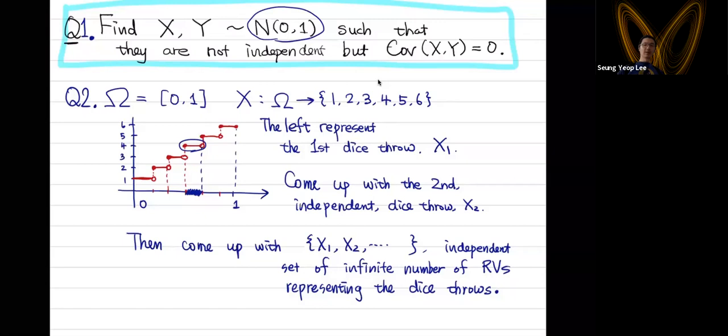So the sigma algebra contains many elements. So we want to create another random variable x2, some graph such that this x2 creates another sigma algebra which is independent of the sigma algebra of x1. Does it make sense?